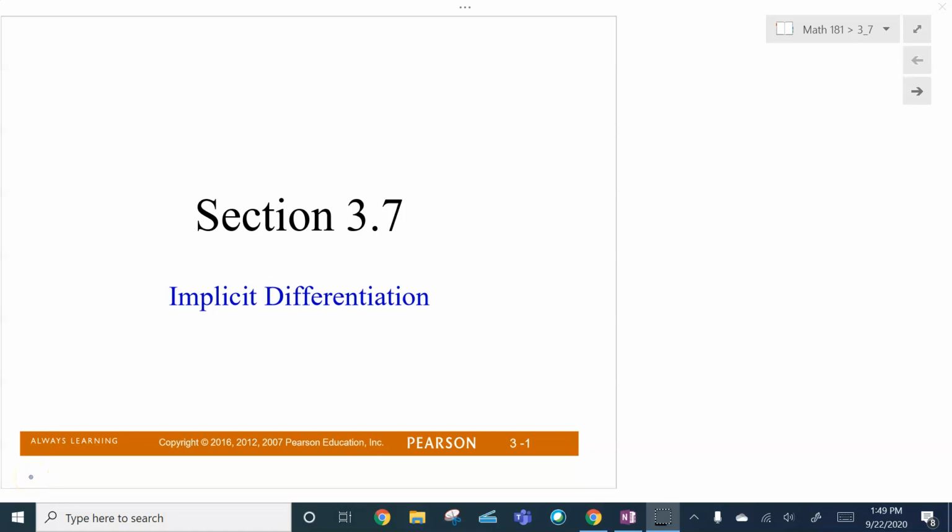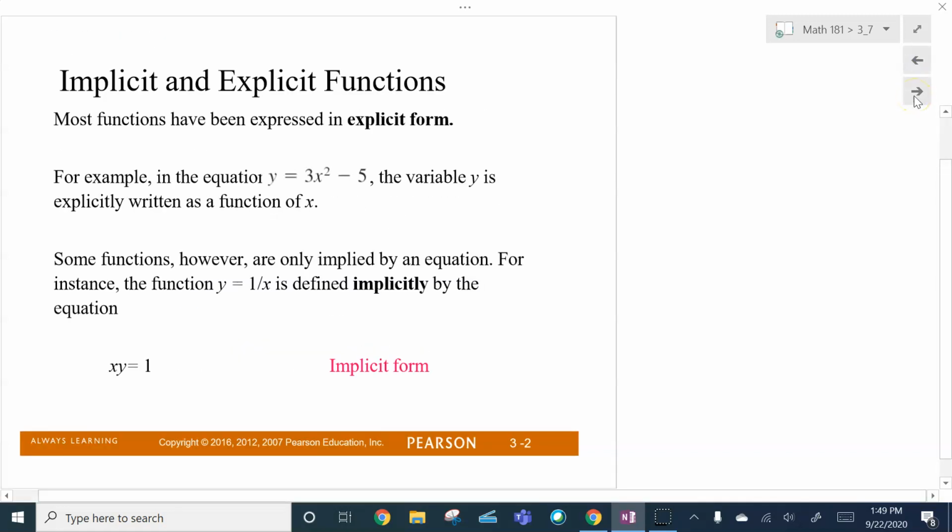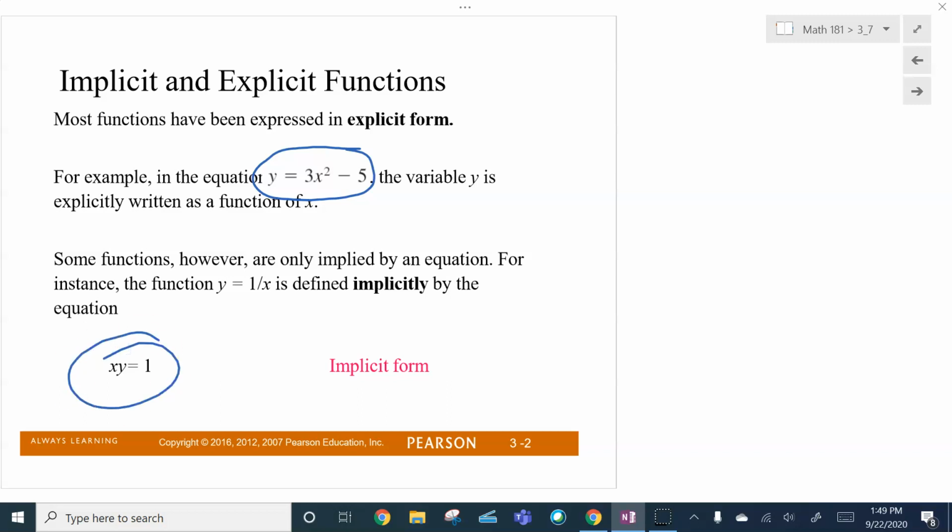We're going to look at implicit differentiation today. Most functions we've dealt with are given explicitly, or written as a function of x, right? Now this one is in implicit form, xy equals 1.